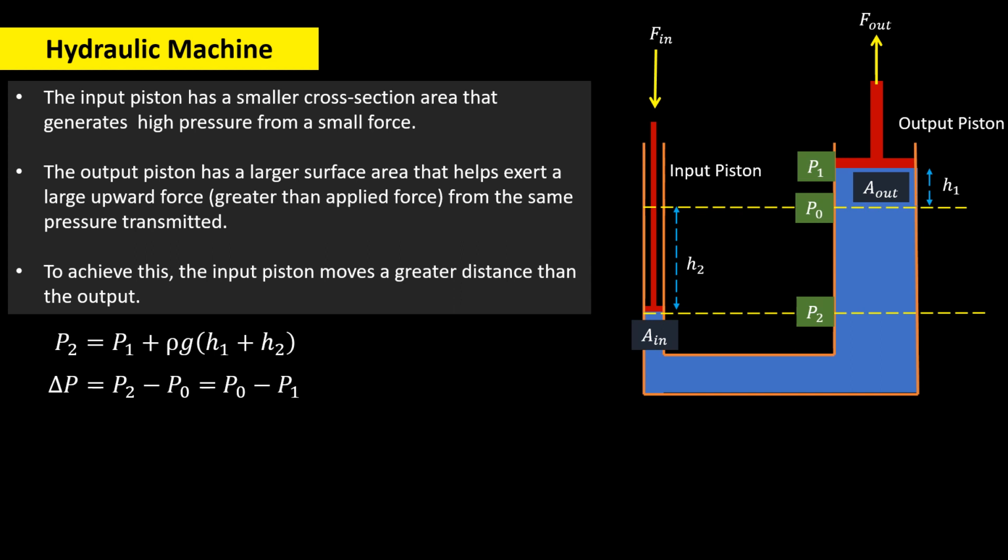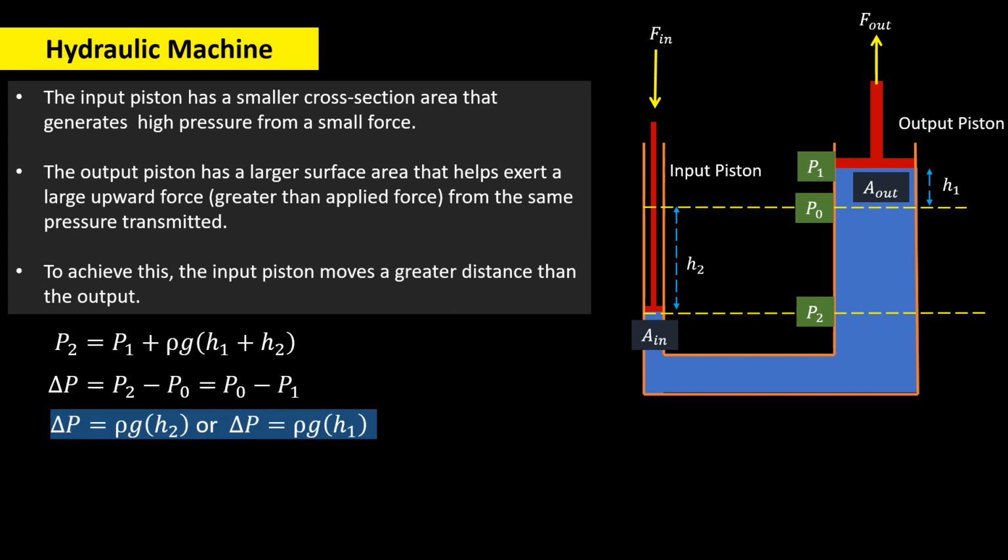So the change in pressure is the same as P2 minus P0, which is the same as P1 minus P0, because the same pressure which has been exerted in the input piston must be taken into account, or must be the same change in pressure at the output piston.